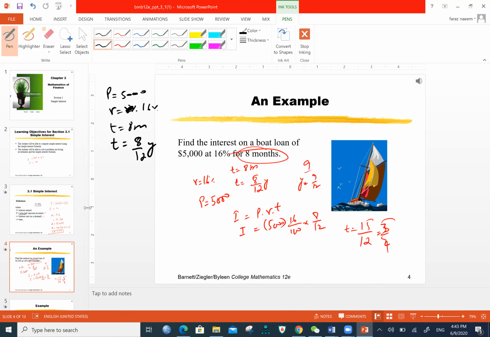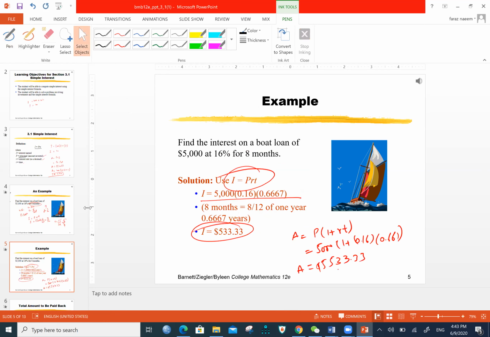So you can substitute the values into the formula. When you substitute them, you will get the result. I equals 5,000 times 0.16 times the number of months in terms of years, like 0.666. 8 by 12 is 0.666, so that is your interest.